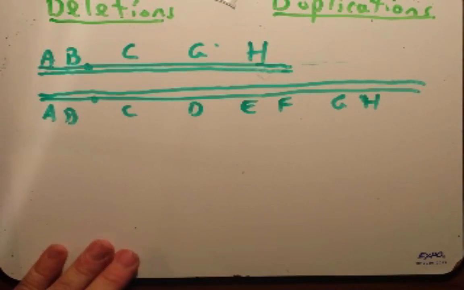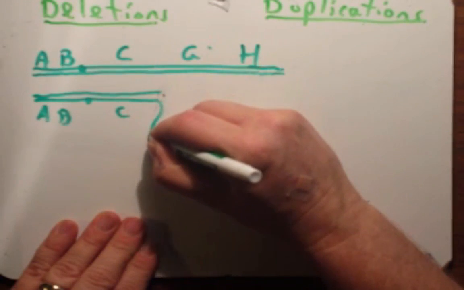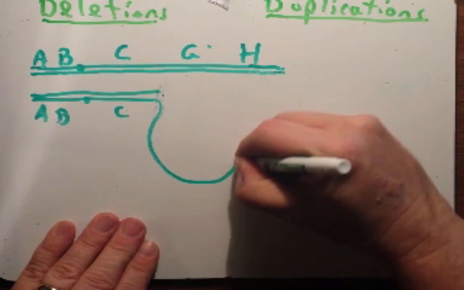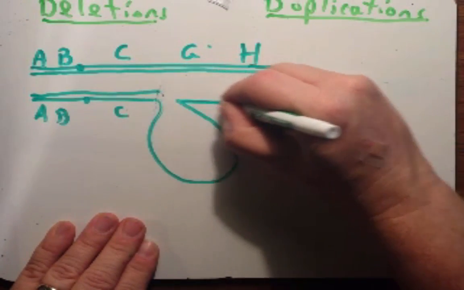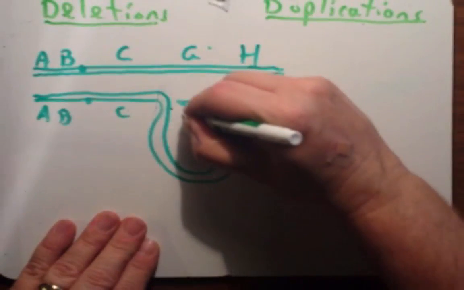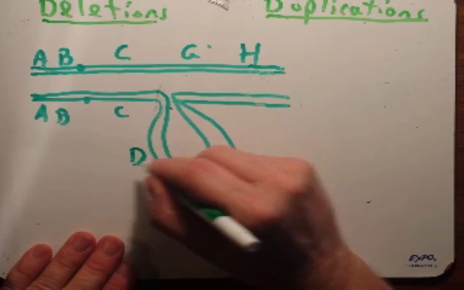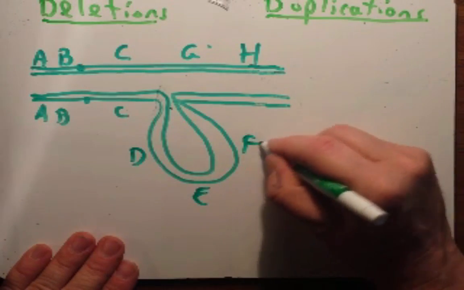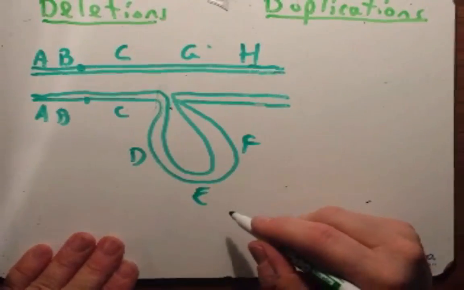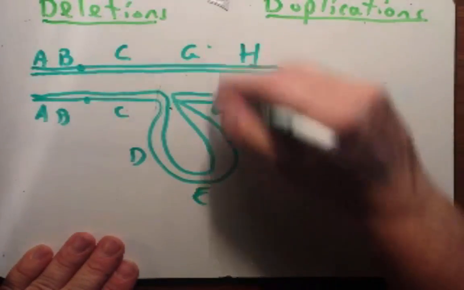So let me erase this part of the chromosome and show you what happens. So in this way, genes D, E, F, remember they have nowhere to bind to or synapse with, so they're looping out so that G and H can still align.